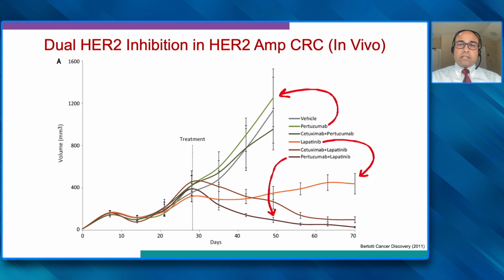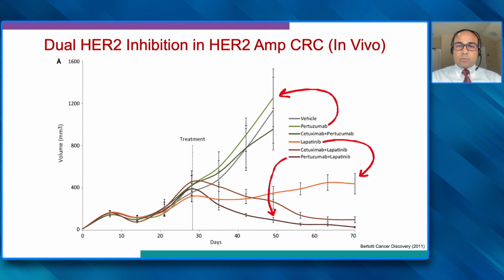Because most of these tumors were enriched in the RAS wild type population, where you used to use anti-EGFR, the first thing that you find is that because of the crosstalk between HER2 and EGFR, which is actually HER1, there is very limited benefit of anti-EGFR in these populations.